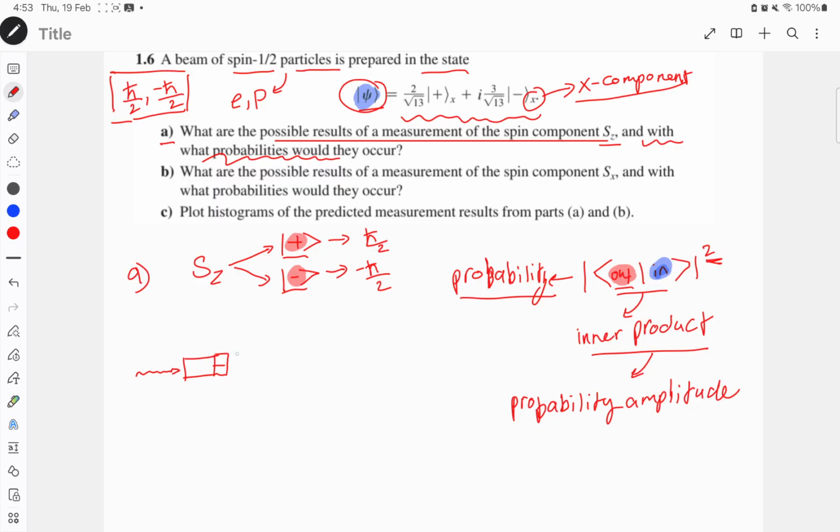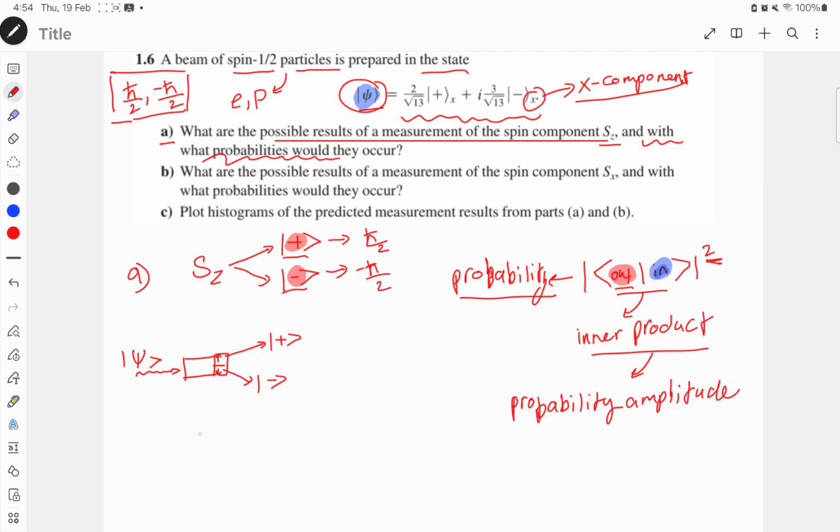We want to measure how many will be in the positive, up state, and how many in the negative state. To do that, we will use this.